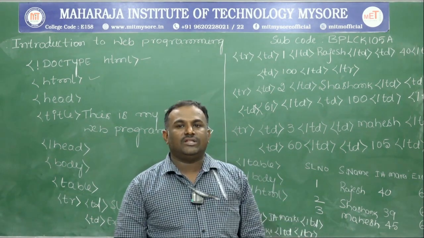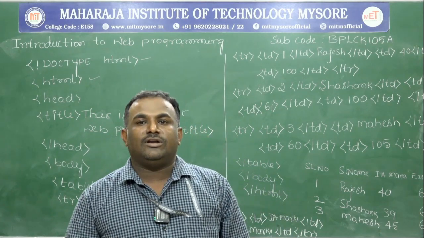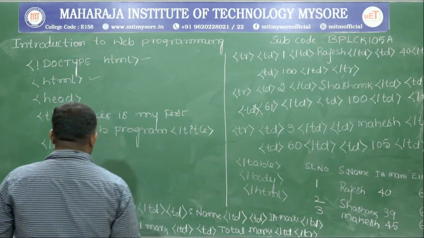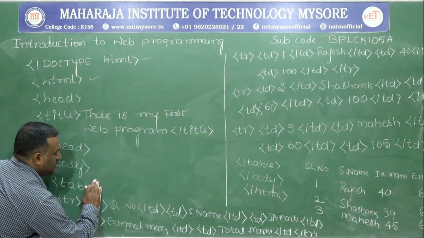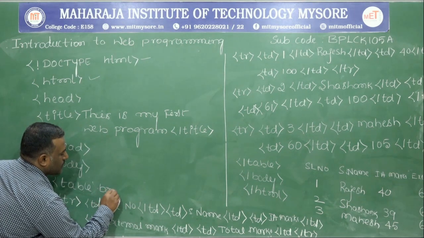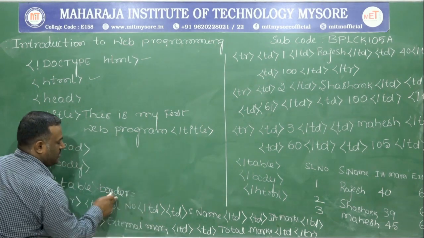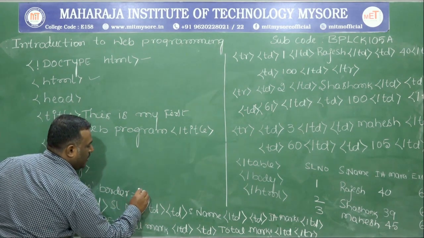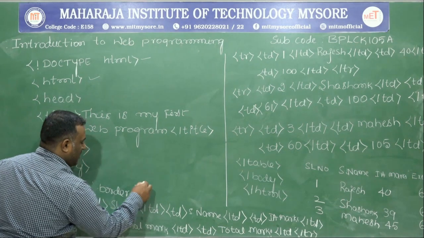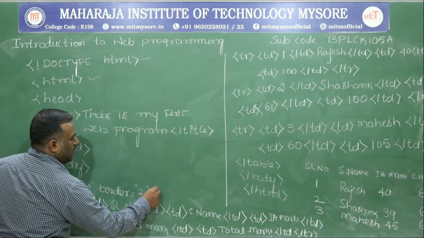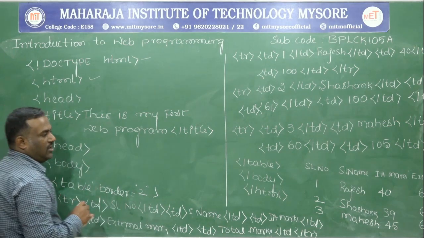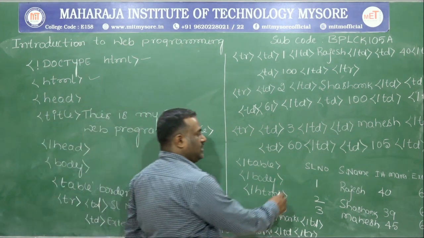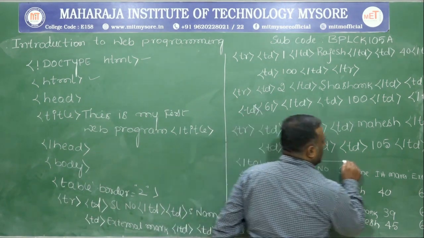That is done by using one attribute of the table called border. Inside the table, just write border, and border is the attribute of the table, and 2 is the value of the border attribute, and then end of table. After writing this border is equal to 2, we will get the table like this.